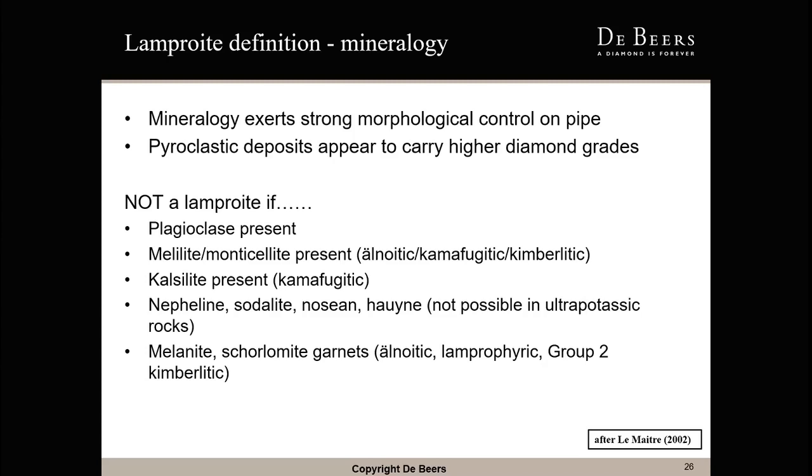So things like plagioclase disqualify it. Minerals such as melilite, monticellite, kalsilite, nepheline, any of these feldspathoids, etc., would disqualify the rock from being a lamproite. And then things like these iron and titanium-rich garnets are also diagnostic of other rock types rather than lamproites.